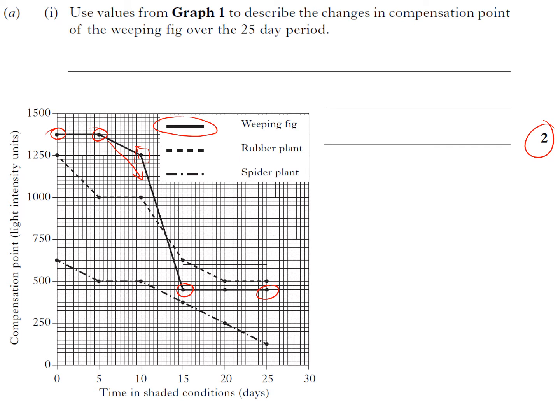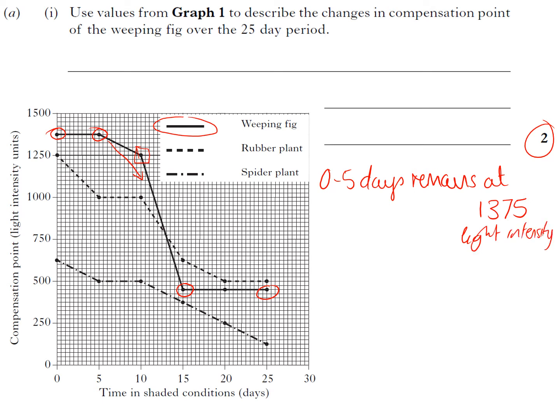So we have at 0 to 5 days remains at, what are we reading? Going up in 25, so that's 1375 light intensity units. Remember, you have to give your units somewhere.